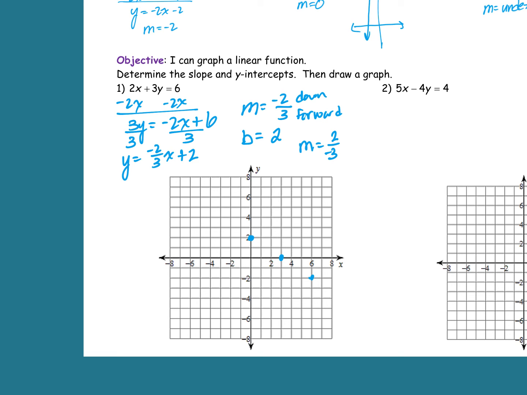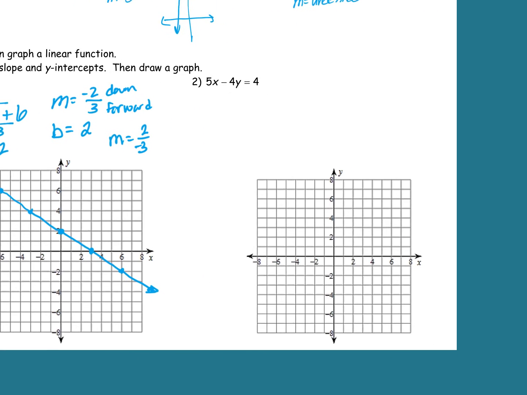Yeah, so now I could go up 2 and back 3, and I could do that forever, as long as it's all on the same line. Beautiful. And then I try to draw a straight line. Ooh, that one wasn't too bad. Okay. Questions? Not too bad?